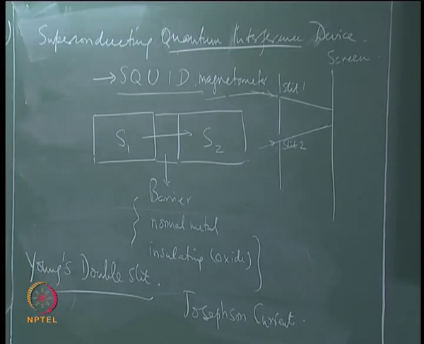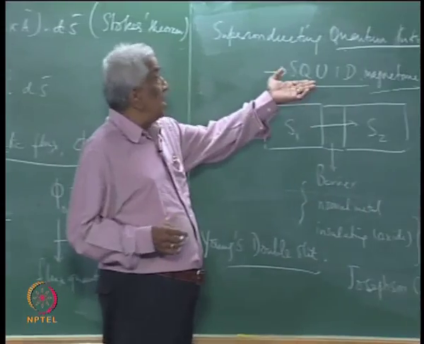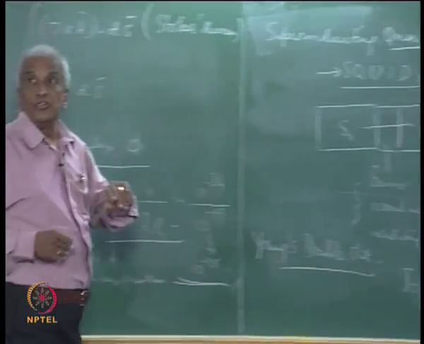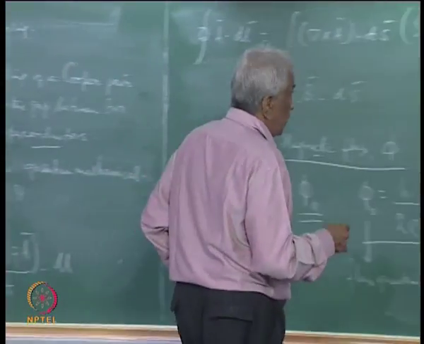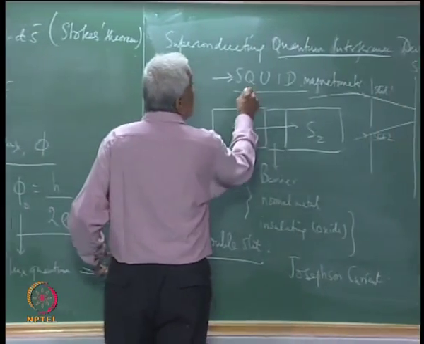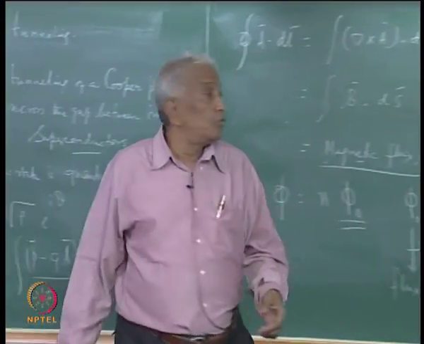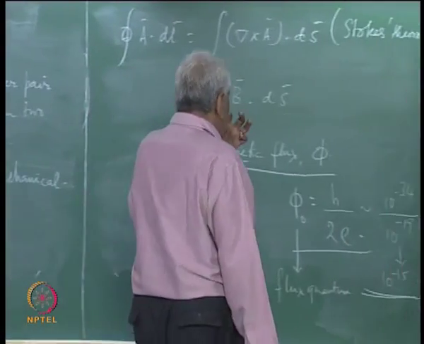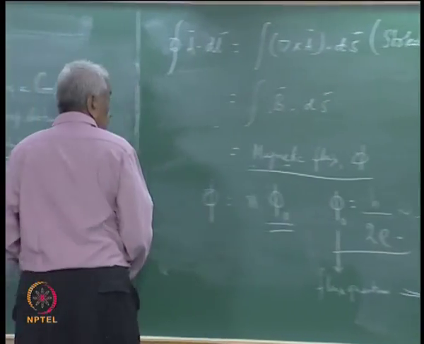So, the entire process of measuring extremely small currents or extremely small voltages is rendered very accurate using a Squid magnetometer in addition to measuring magnetic flux. So, these are some of the basic applications for Squid magnetometry, and these are some of the practical applications of superconductors.